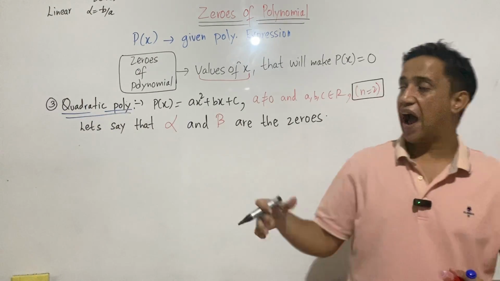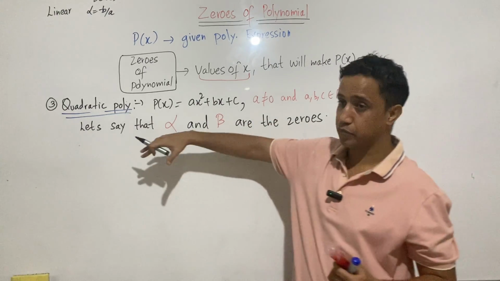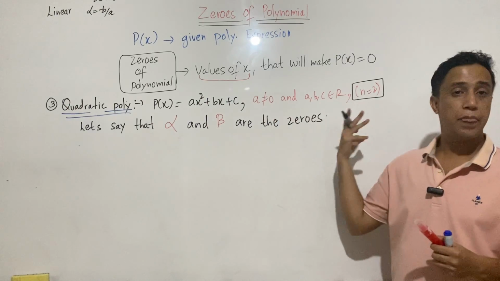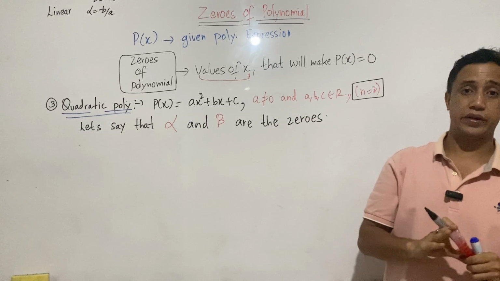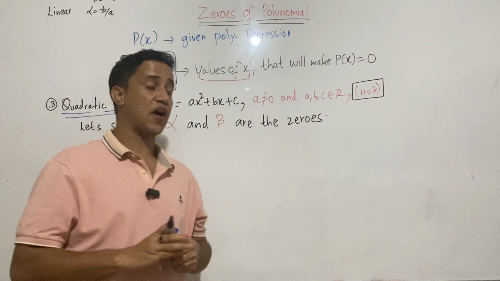Here I just said, as a supposition, that alpha and beta are the two zeros of this quadratic polynomial. Is that clear? All right.